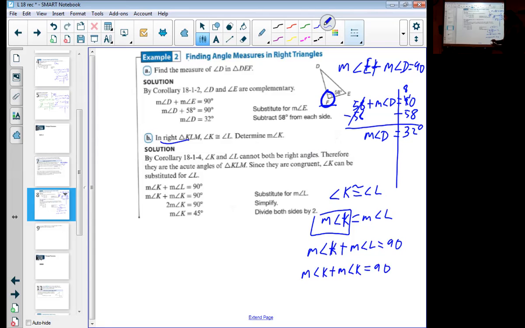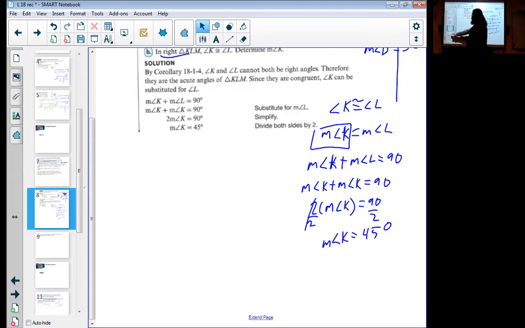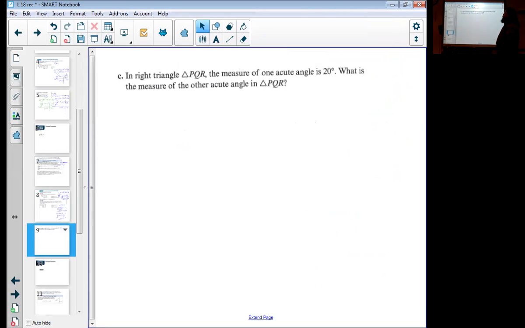So we have 2 times the measure of angle K is equal to 90. To get rid of the multiply by 2, we can divide by 2. The 2s cancel out, and we have the measure of angle K is equal to 45 degrees.